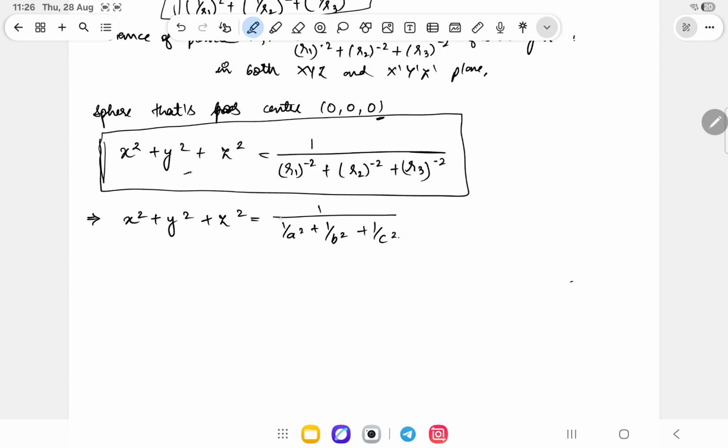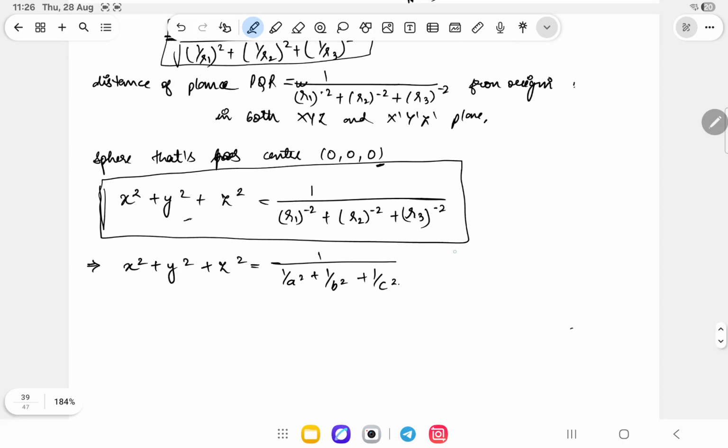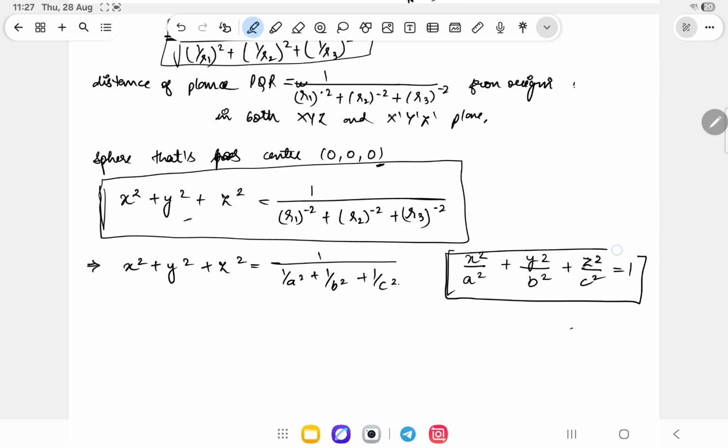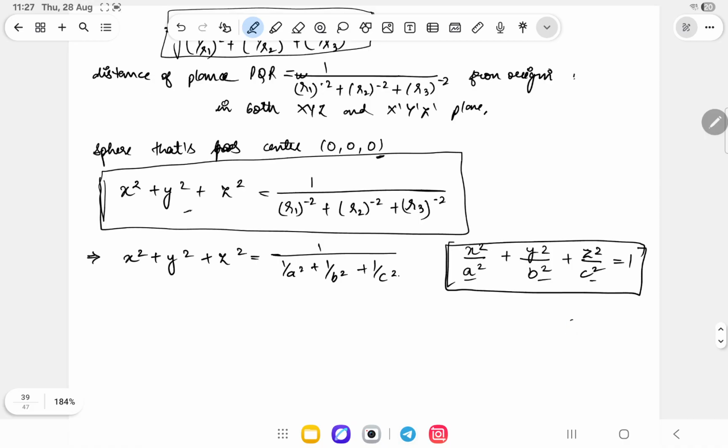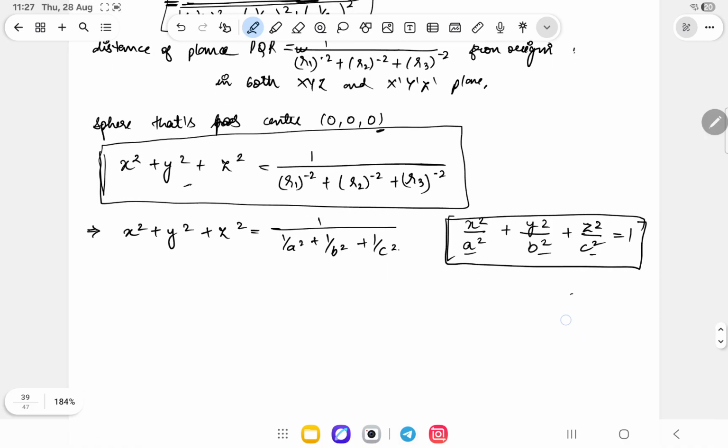So from here I got my radius of sphere as constant, because they have already provided us the equation of ellipsoid, that is x square by a square plus y square by b square plus z square by c square equals 1. So this is a fixed equation of ellipsoid, and a, b, c will act as constants for this particular situation.